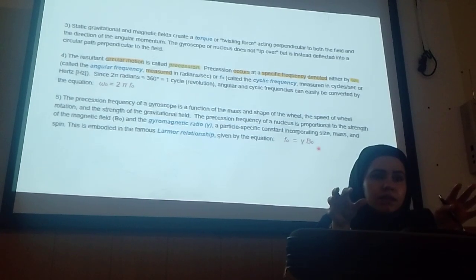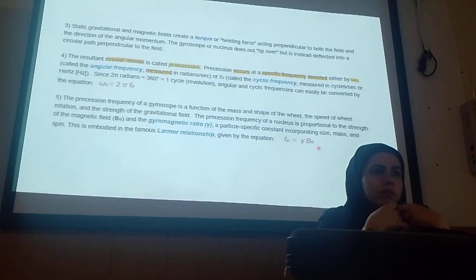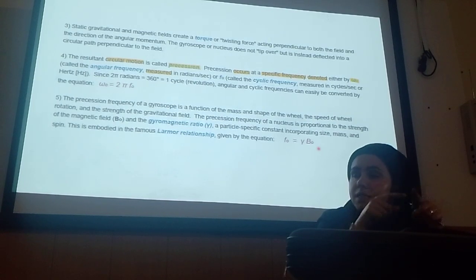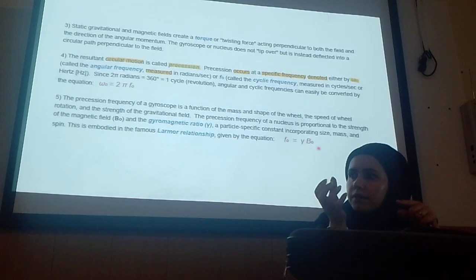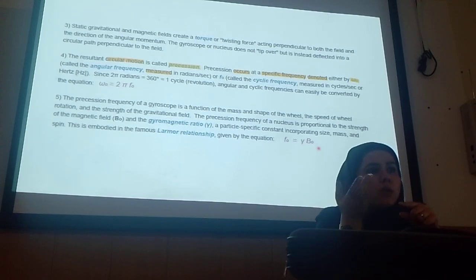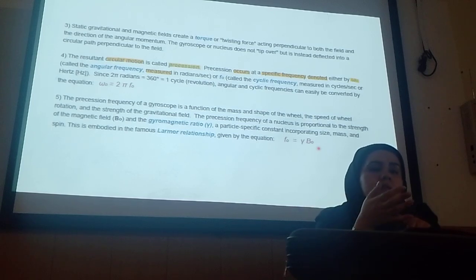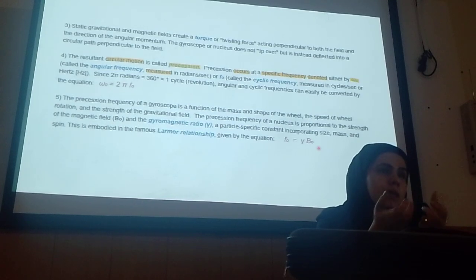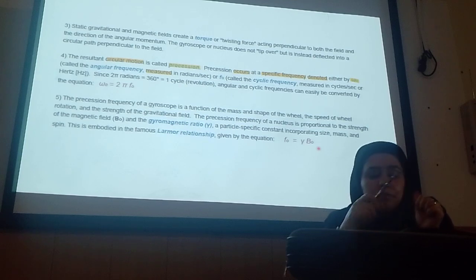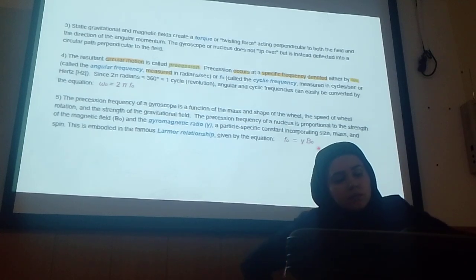All of these nuclei exist within our body. They have different precession frequencies based on their different gyromagnetic ratios. These have different size and different mass, so ultimately they have different gyromagnetic ratios. Do we need high or low precession frequency in MRI?